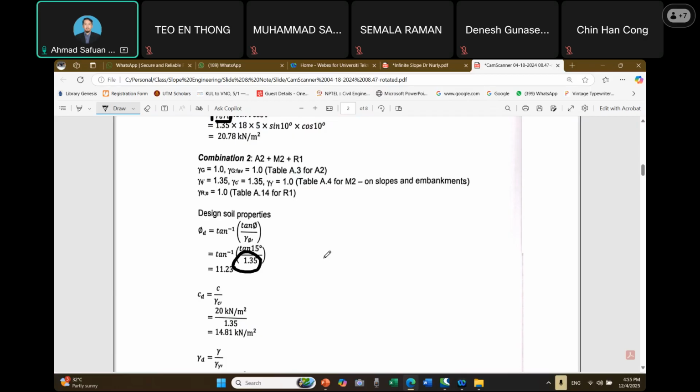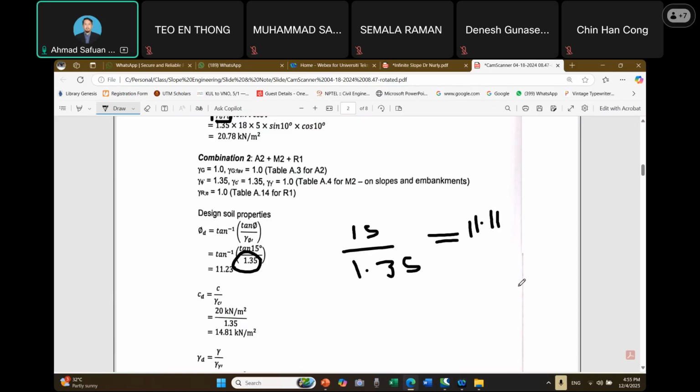Look at the difference if we divide 15 with 1.35, and 16 over 1.35. So we obtain 11.11.